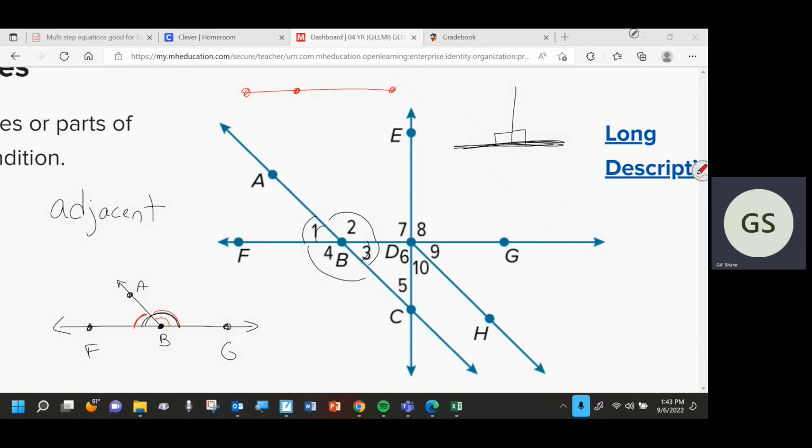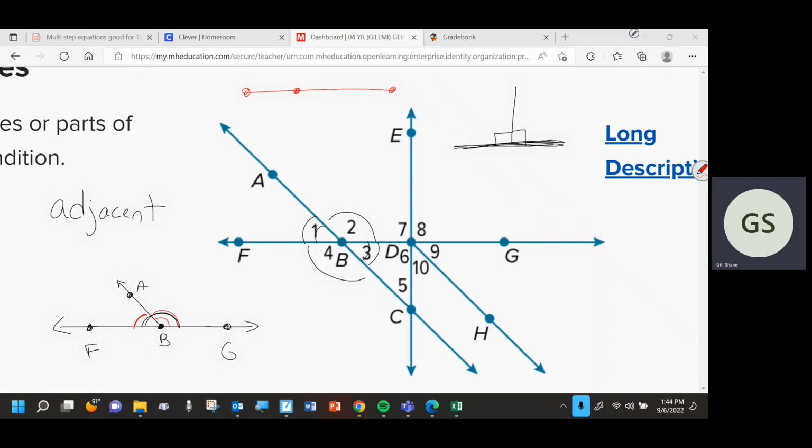It's the same concept. For some reason, once we move away from this and we're no longer specifically doing that rule, kids forget all about it. It's called collinear angles, by the way. Collinear is kind of like points on the same line. Angles that make up the same line are collinear.